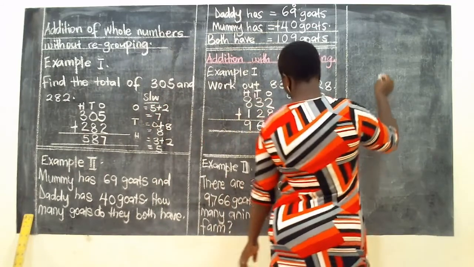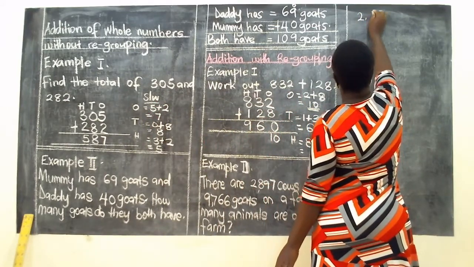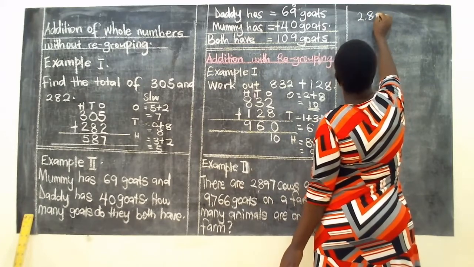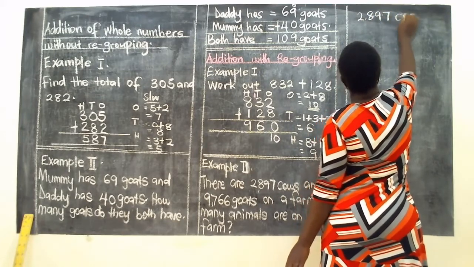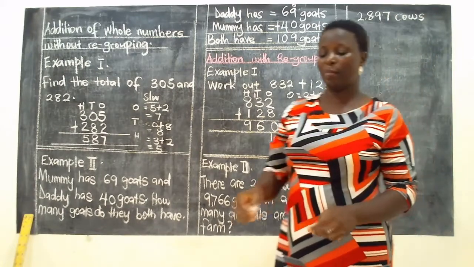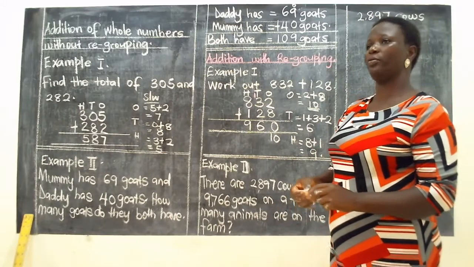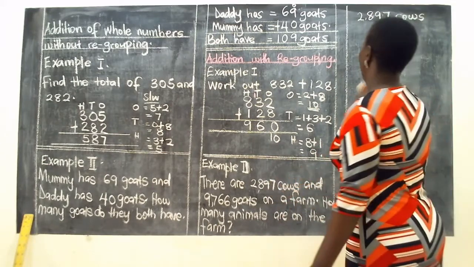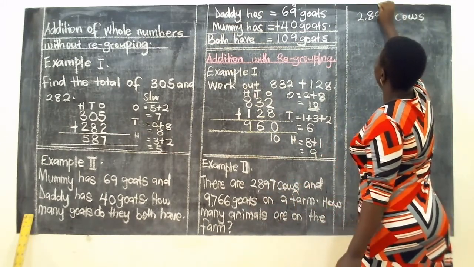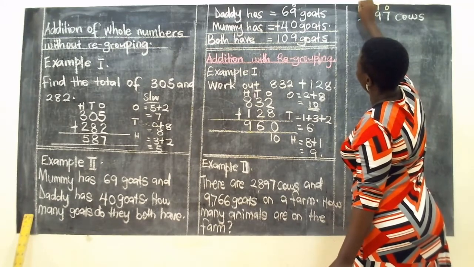So we shall have 2,897 cows. Be mindful of the place values, please, because the moment you misfire on place values, then it won't be easy for you. So we have the ones, tens, hundreds, and this is going up to thousands.